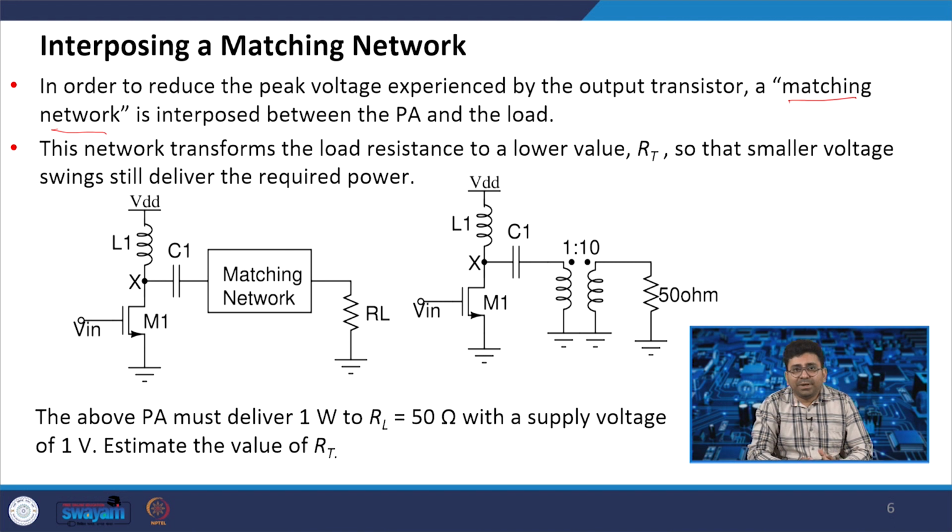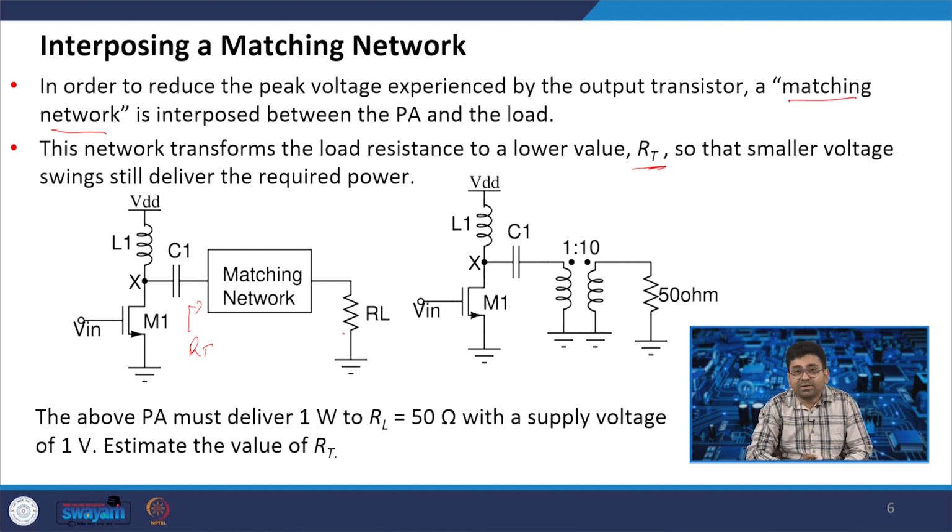This network transforms the load resistance to a lower value, that is RT. So RL at this point will be transformed to RT, which is a low resistance, so that a smaller voltage swing still delivers the required output power. So you do not need a very high voltage swing.